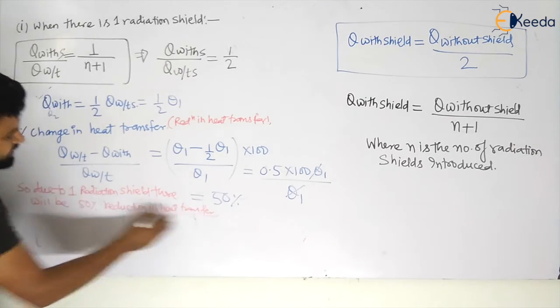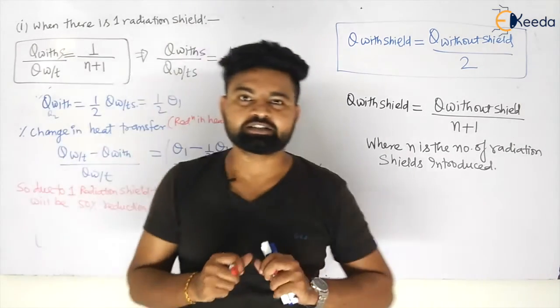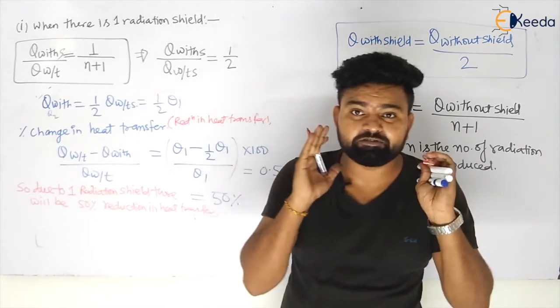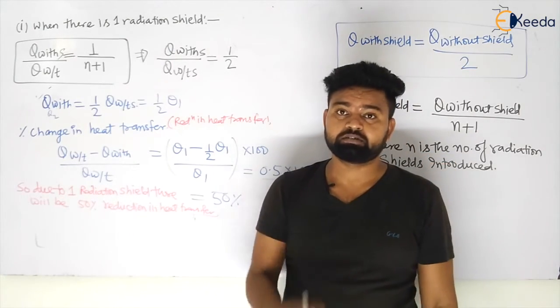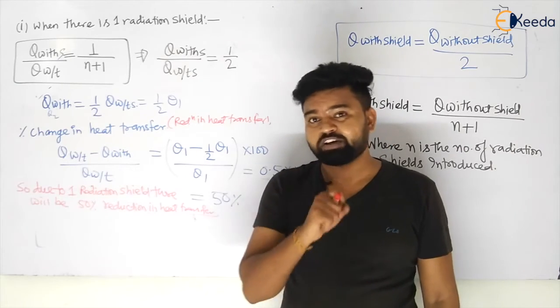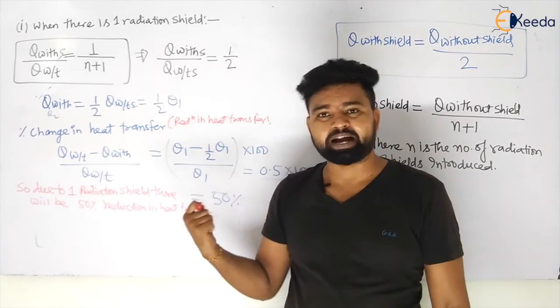So we have felt this now, my dear students. Due to radiation shields, there will be 50% heat reduction. So that's why we are using radiation shields. Okay, you have seen practically.